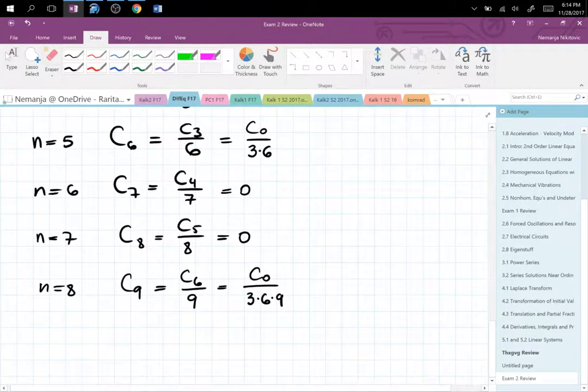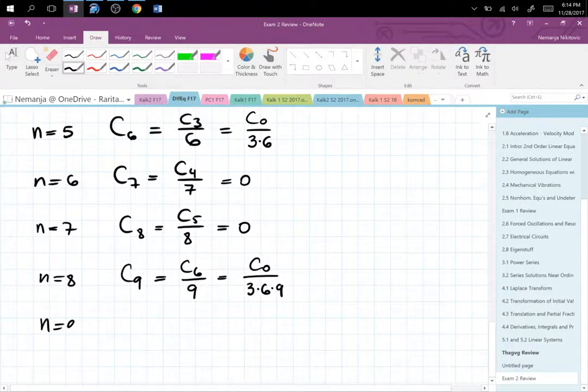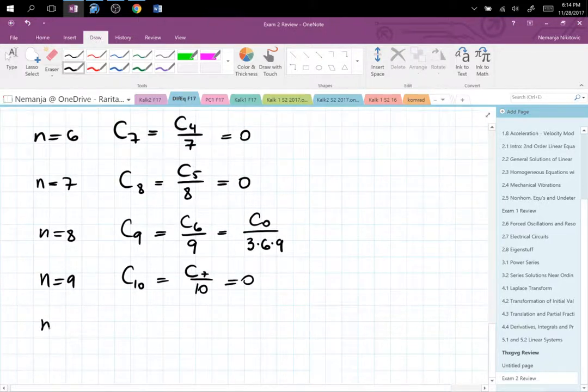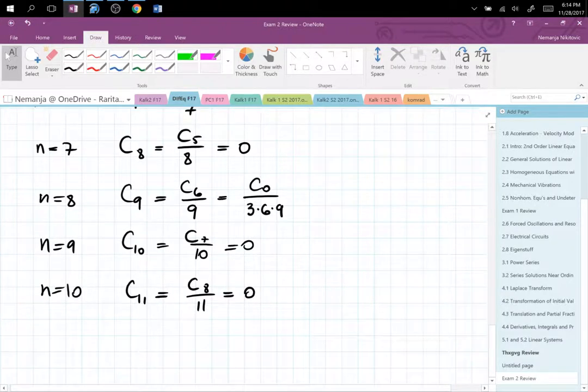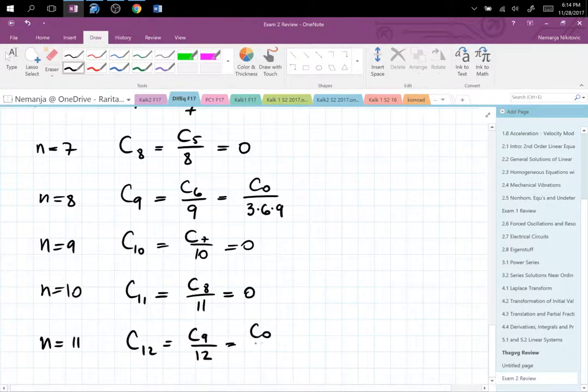So n equals 9 is C10, which is C7 over 10, and C7 was 0, so that one goes away. N equals 10, C11 is C8 over 11, which also goes to 0. And the last term I'm going to write is n equals 11, which is C12 equal to C9 over 12. And that one survives, so C0 over 3 times 6 times 9 times 12.